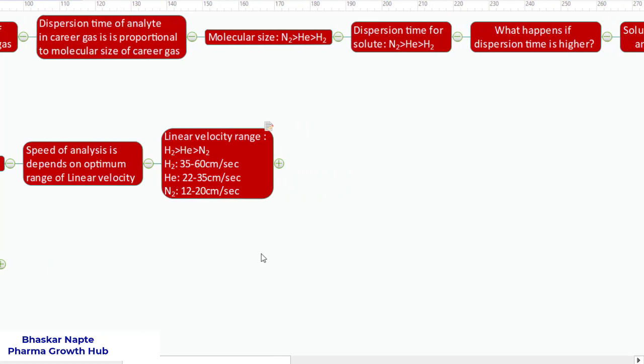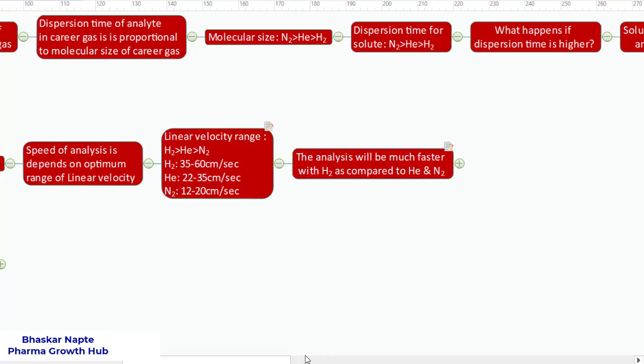There can be slight change here and there, but these figures are just to make you understand which carrier gas has the lowest linear velocity range and which has the highest. So hydrogen has the highest range for velocity, then comes helium, and then nitrogen.